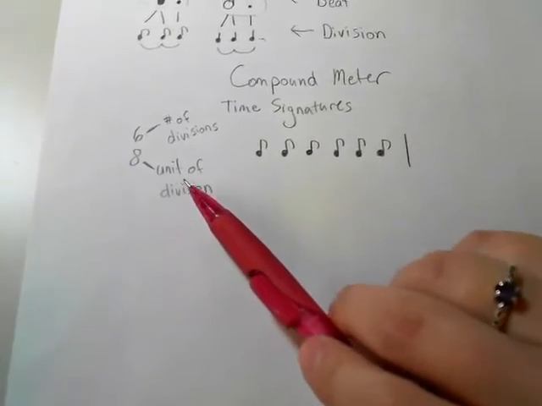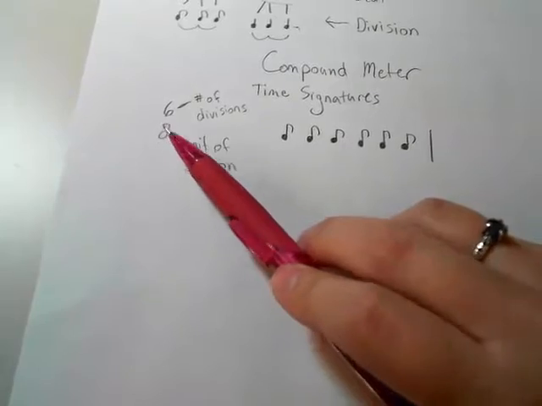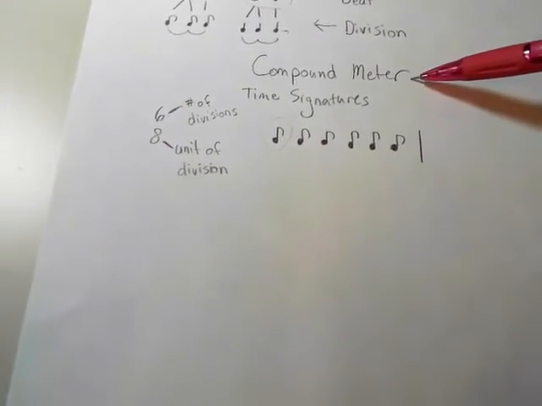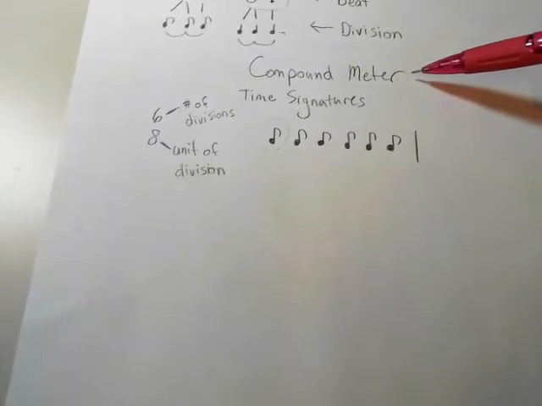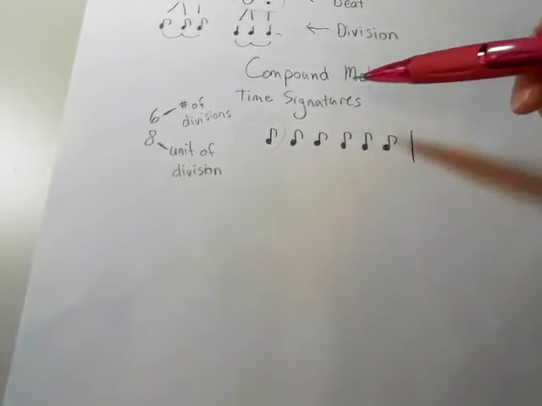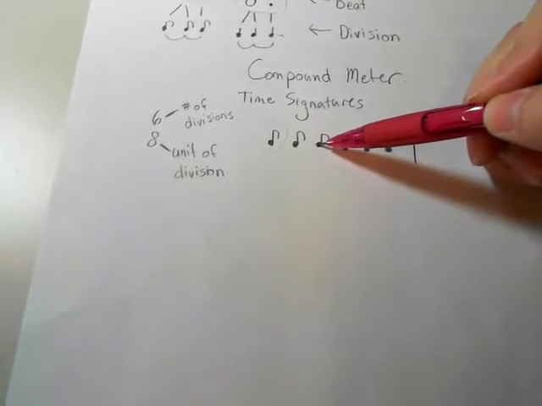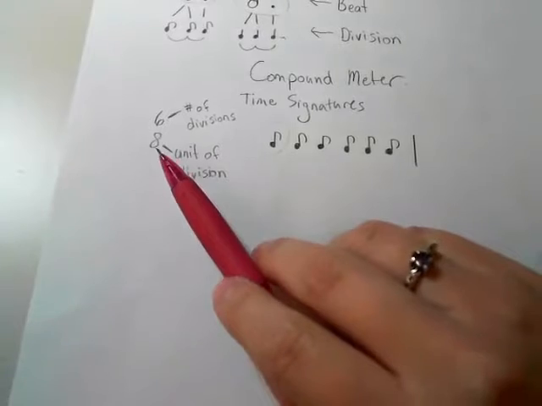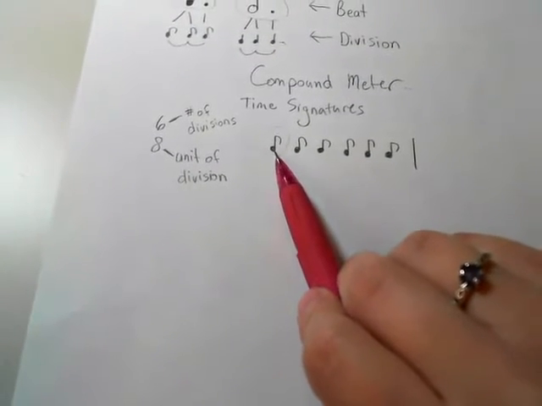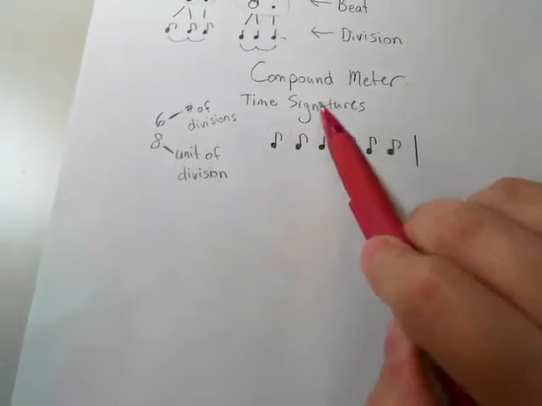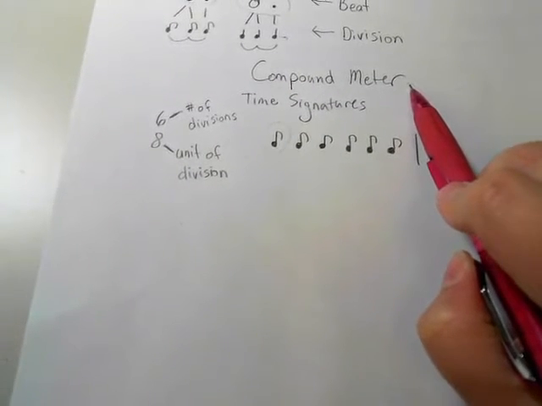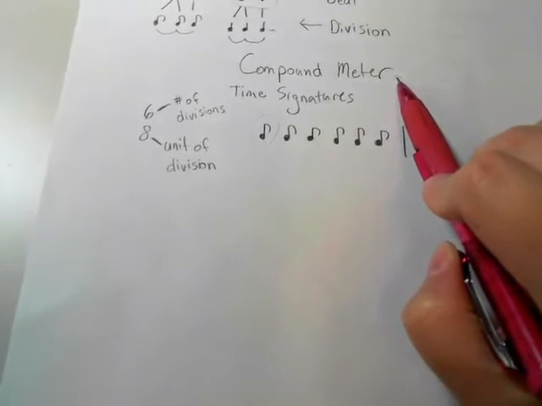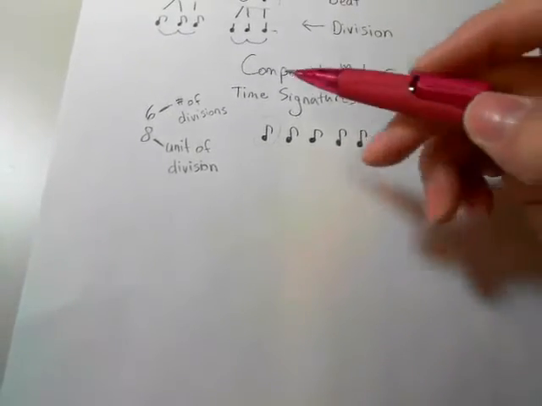So if I know my unit of division is an eighth note, and I know that in compound meter every beat is divided into 3, then I know that 3 divisions will equal a beat. I'm going to say that again. If I know that an eighth note is my unit of division, and I know that in compound meter there are always 3 units of division within a beat, because that's what compound meter means, the beat is divided into 3 divisions.